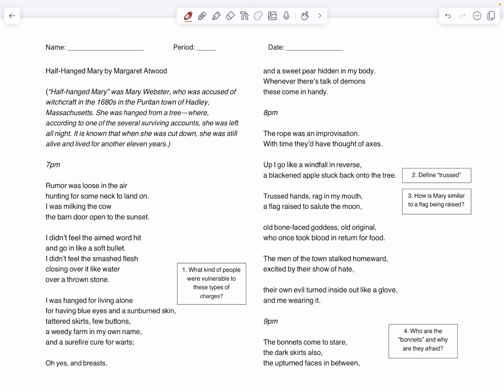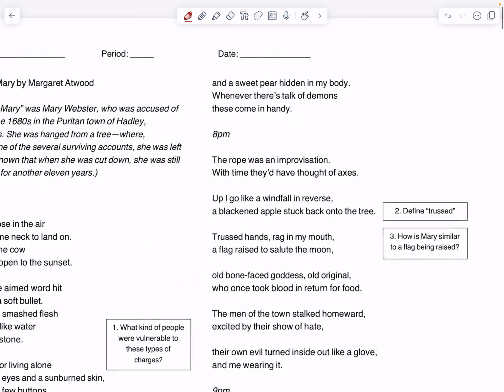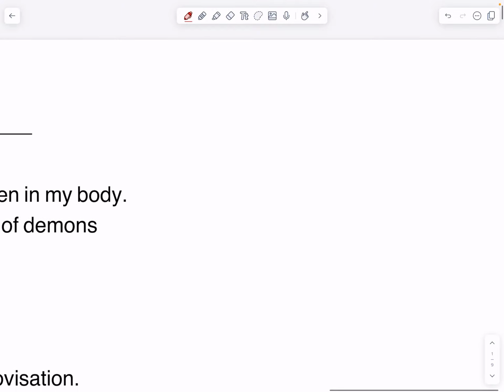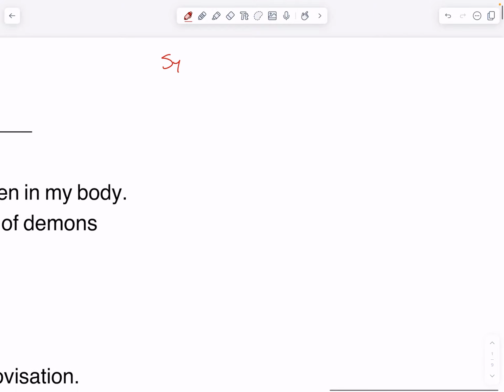Okay, so to start off, what we are going to be talking about in this video specifically is syntax. Okay, and syntax is a pretty simple definition. It is the way sentences are constructed or put together.